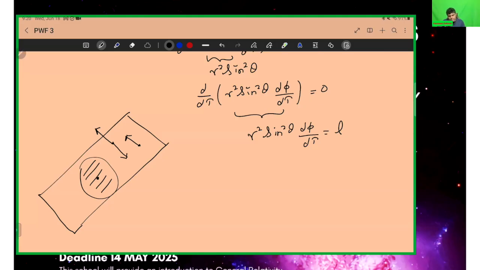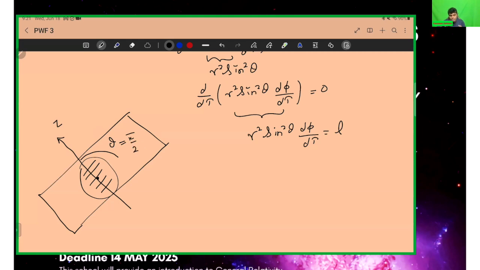Okay. So since the motion is always happening in a plane, you can always choose coordinates. So for example, if this is the plane, you can always choose your spherical polar coordinates like this, which means that the z direction is perpendicular to the plane in which the motion is happening. If that's the case, then this plane has a theta coordinate of pi over 2.